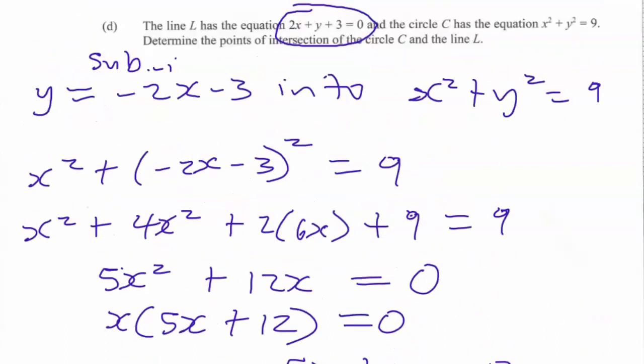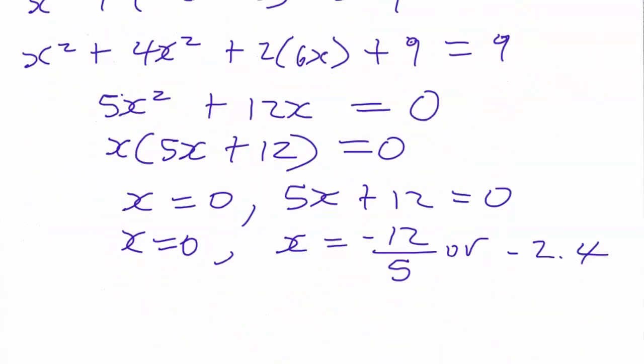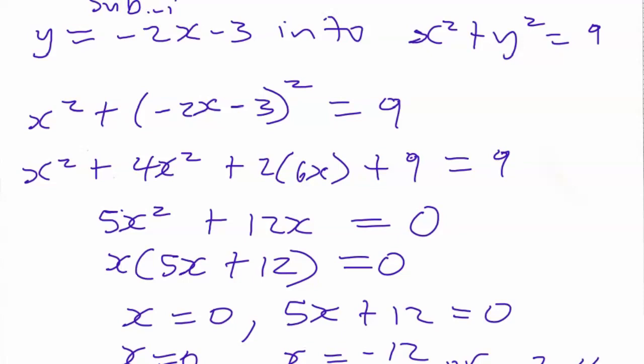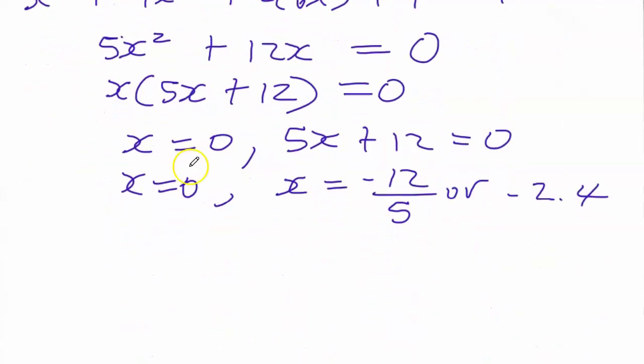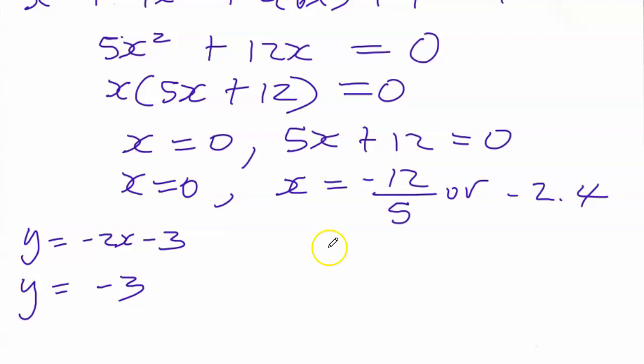So I'll need the corresponding y values now. So recall that y, what was y again? Minus 2x minus 3. So recall that y is minus 2x minus 3. If I substitute 0 for the x, I'll get y equal to minus 3.